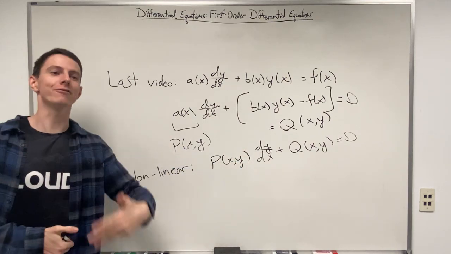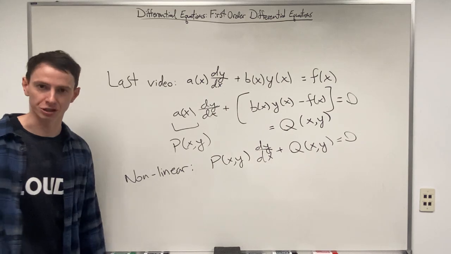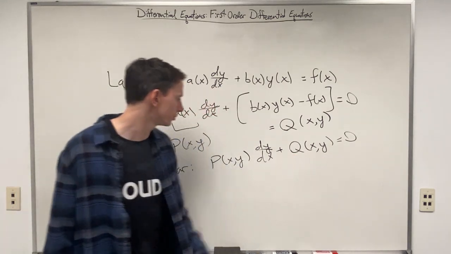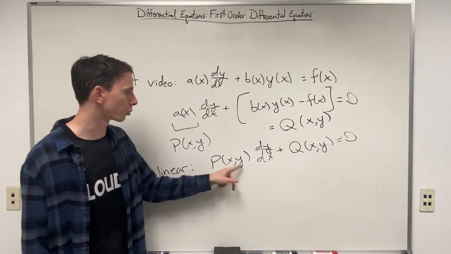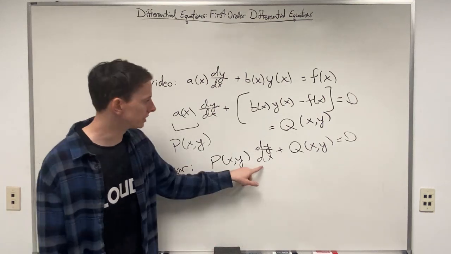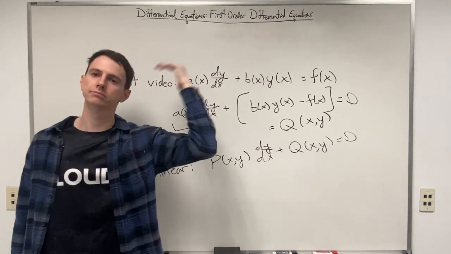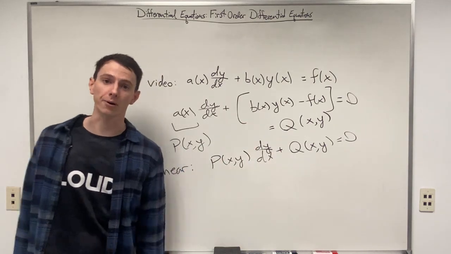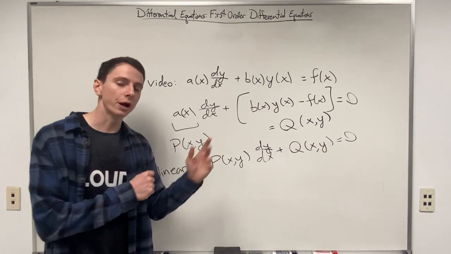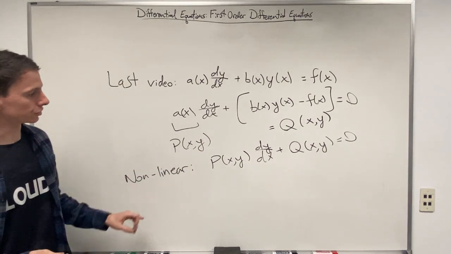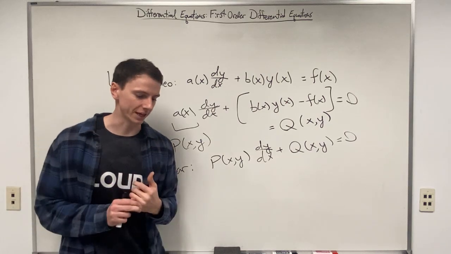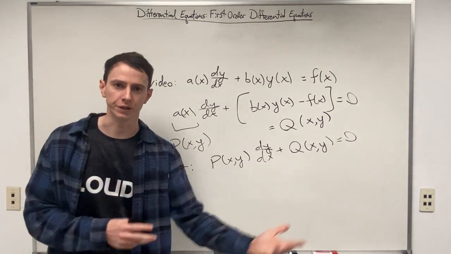In theory, you could have a nonlinear differential equation where these functions p and q depend on x, y, and y prime, and this dy dx term doesn't just need to be raised to the first power. The reason why we are saying that nonlinear differential equations are going to have this form really just has to do with an issue of convenience.